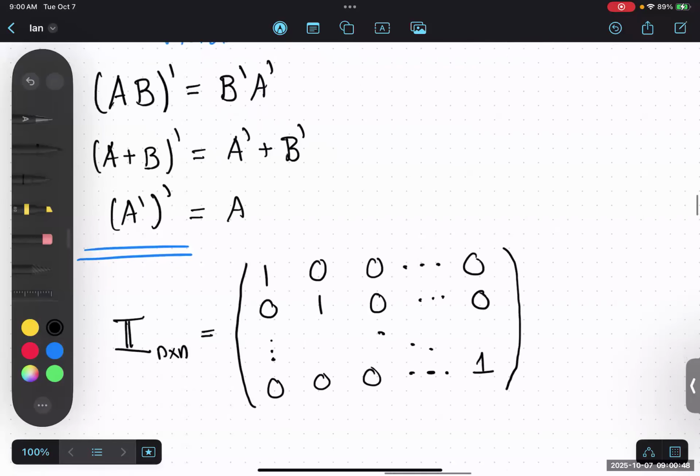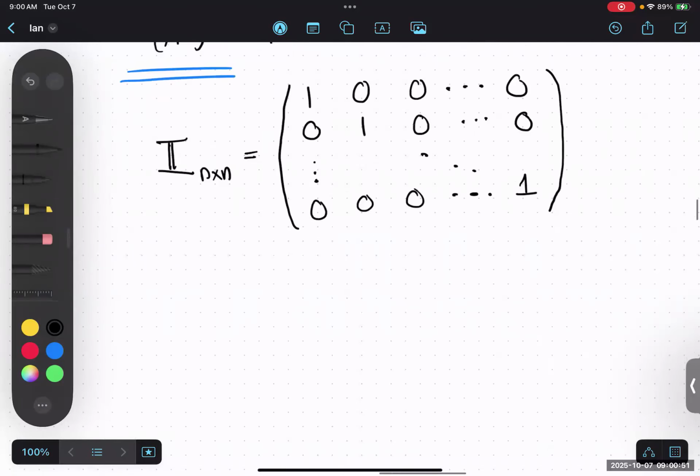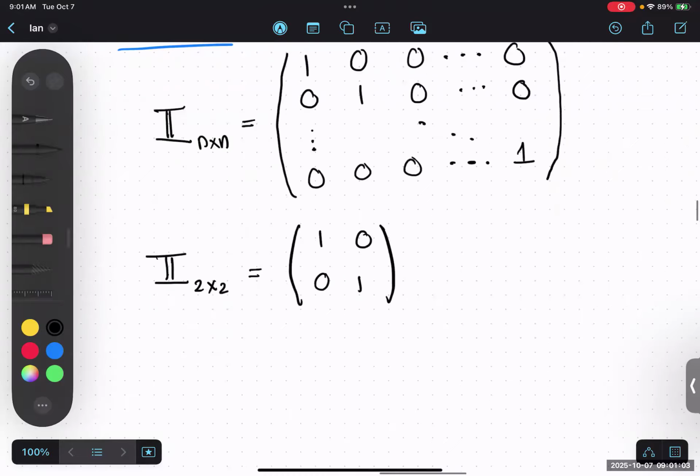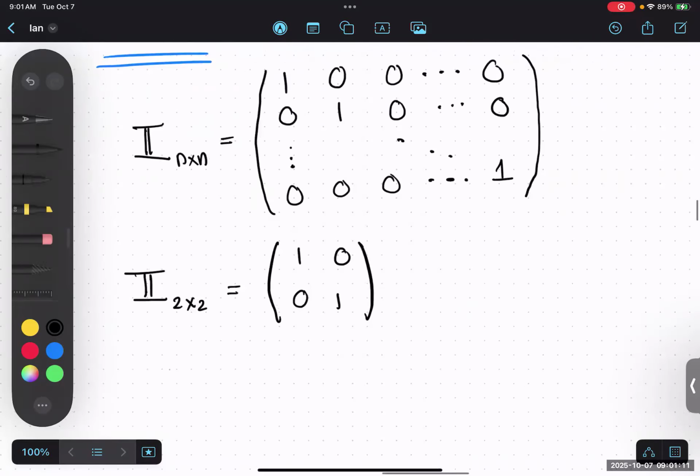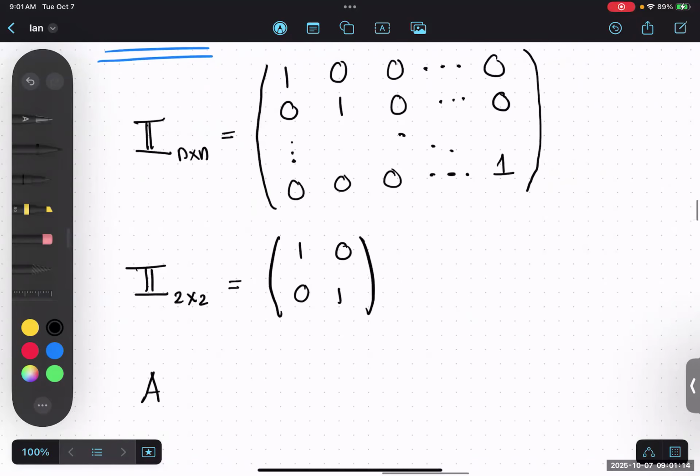Which means that obviously you may have the case of the 2 by 2 identity matrix, which is just 1, 0, 0, 1. So why is this important? Because the identity matrix is similar to the concept of the number 1 in real numbers. Which means that if you have a matrix A and you multiply this matrix by its inverse, that will give you the identity matrix.